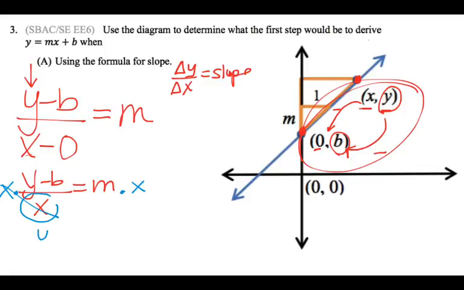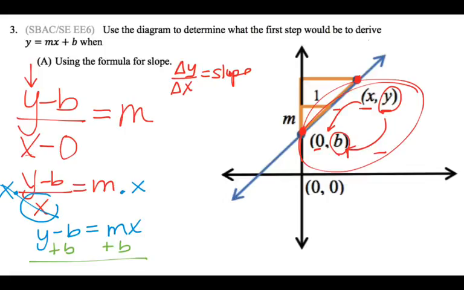So my x's will cancel, and I'm left with y minus b equals mx. Now I still want my y by itself, so if I had y minus 4 equals 10, I would add 4 to both sides to get y by itself. Same thing holds true here, except now I have a b. So I'm going to add a b to both sides.